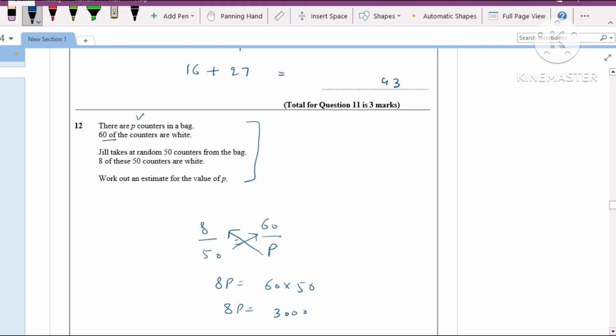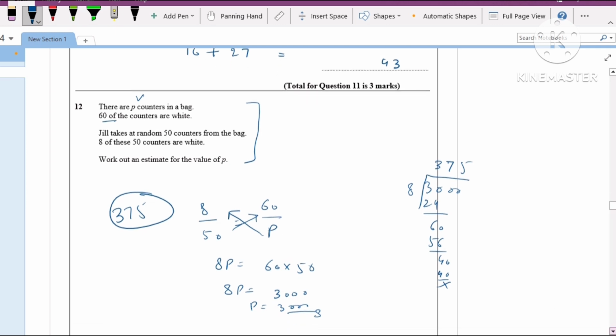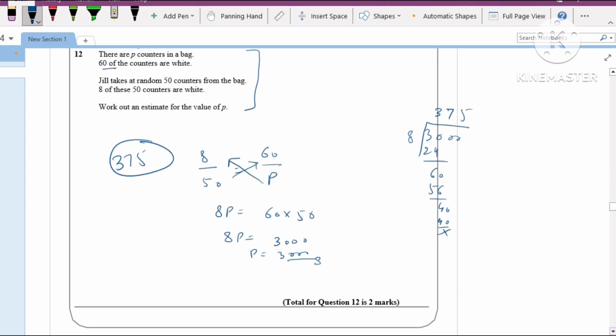So P is equal to 3000 divided by 8. 8 3s are 24, 6, 0, 8 7s are 56, 4 and 0, 8 5s are 40. So 375 is the total number of counters P. This is the method to solve this type of question, comparison for proportion.